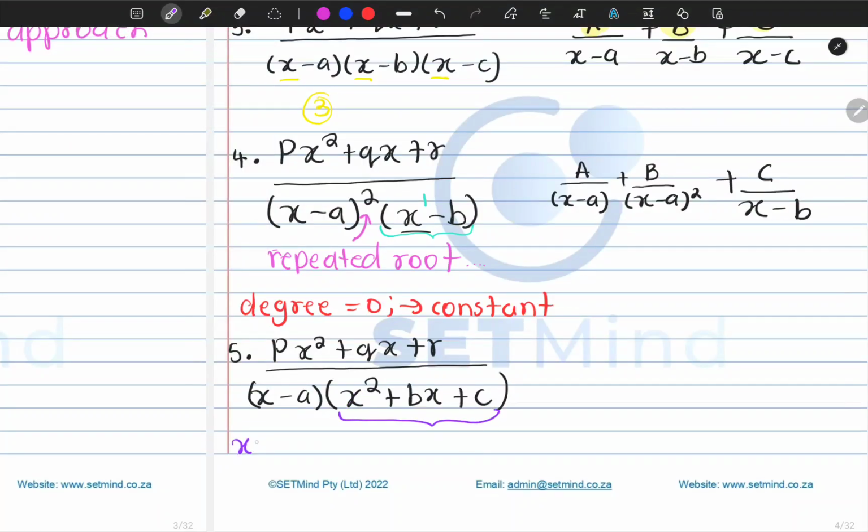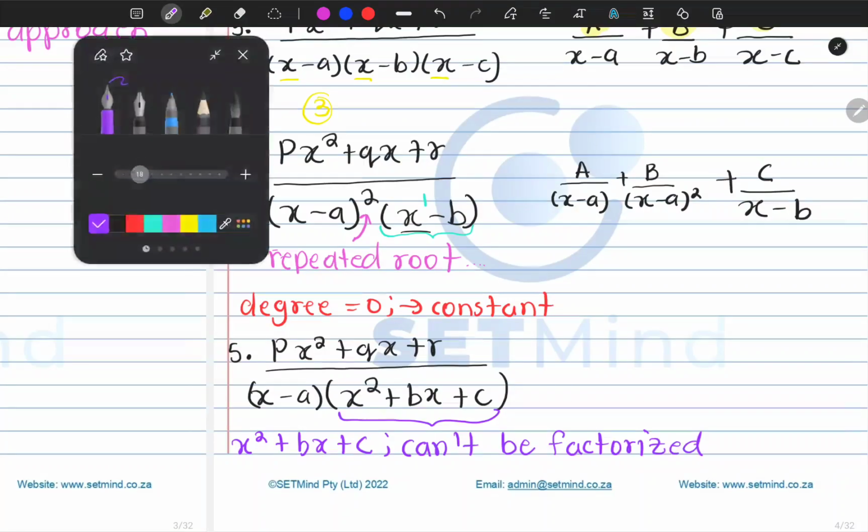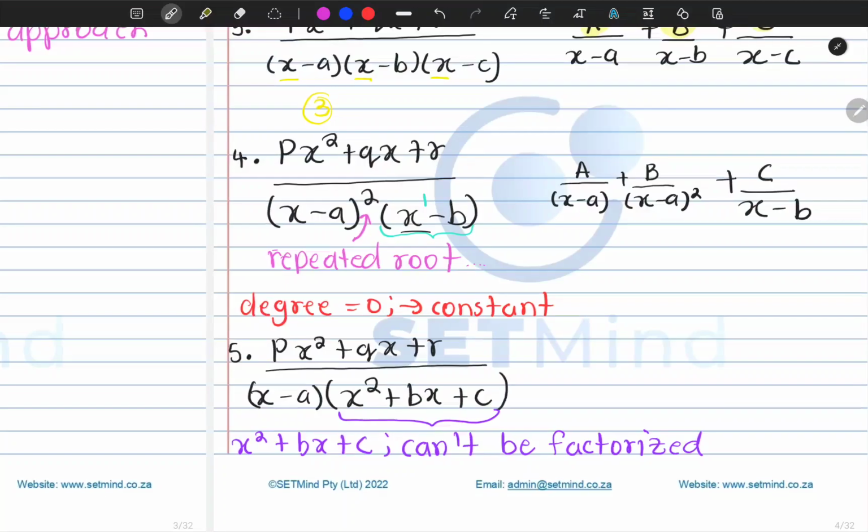So let's say that x squared plus bx plus c can't be factorized. Then what we end up having when we split it is a divided by x minus a. We always have a constant on top of a denominator which is degree 1.